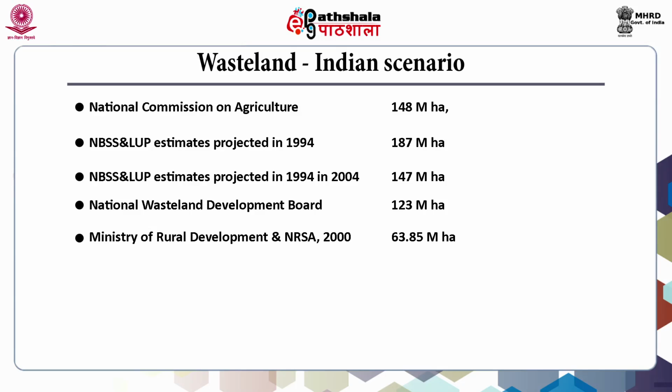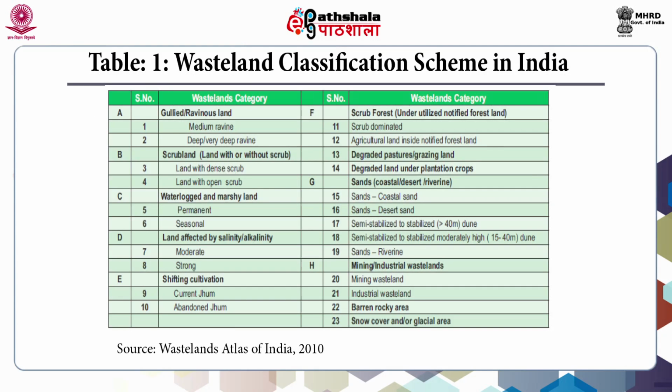National Wasteland Development Board estimates it as 123 million hectares. Ministry of Rural Development NRSA as per 2000 reports, 63.85 million hectares. Then the table 1 gives the wasteland classification scheme in India.